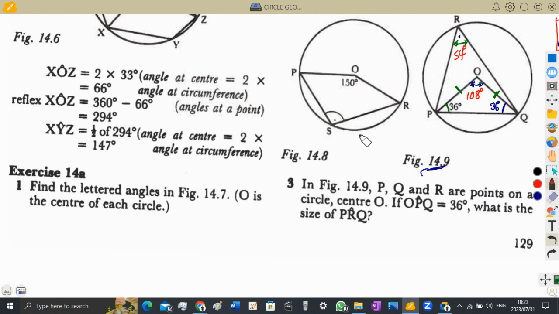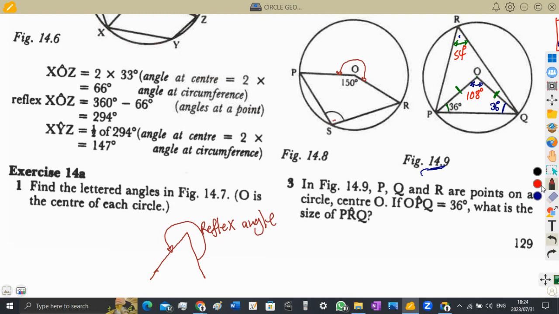So if this angle here is twice angle S, let us calculate this angle POR, which is called the reflex angle. Any angle that you see in this format where there is an angle inside, the outer angle in this shape is referred to as a reflex angle.